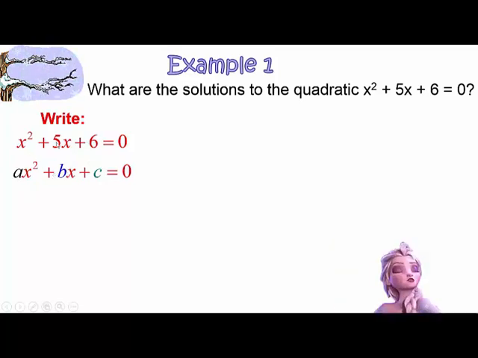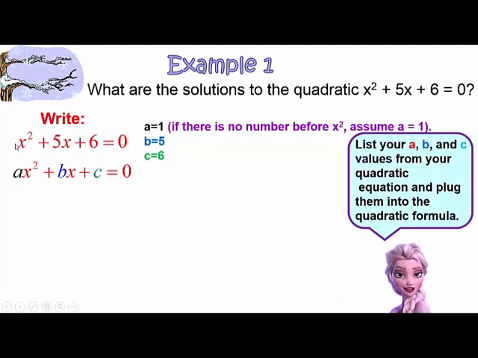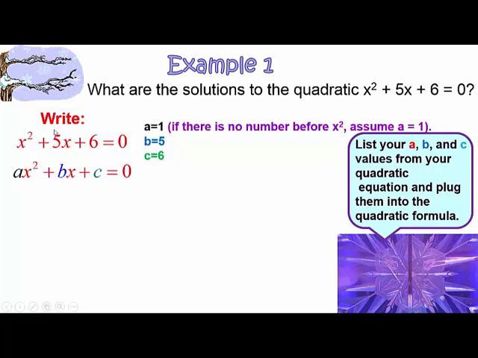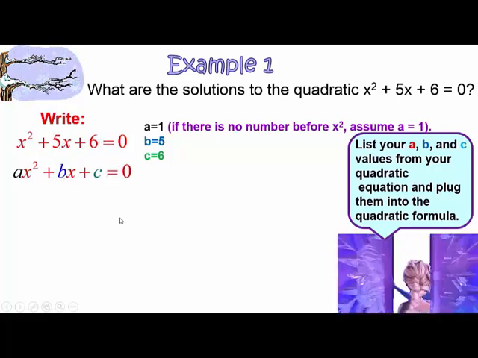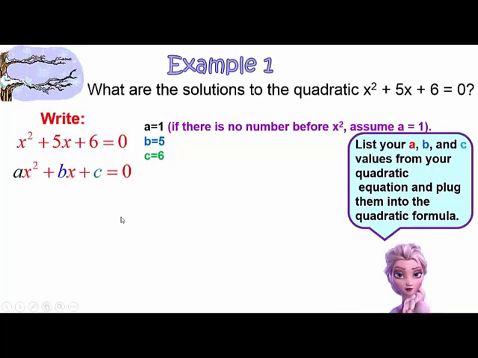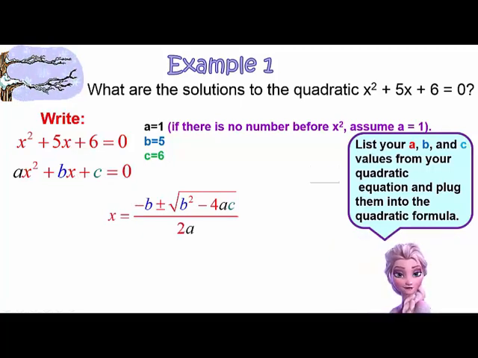This is A, B, and C, and so we list it where A, if you don't see any number before this, you assume that is equal to 1, and we see B is equal to 5, and C is equal to 6. We then take A, B, and C and plug it into the quadratic formula.